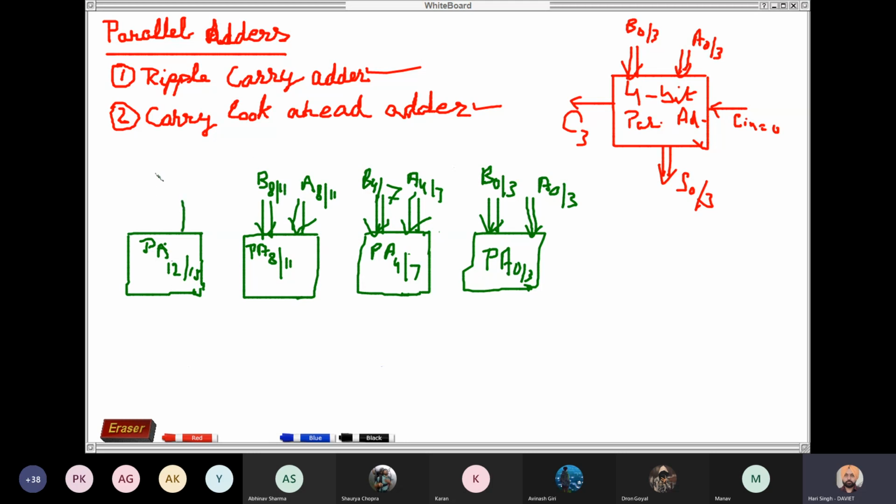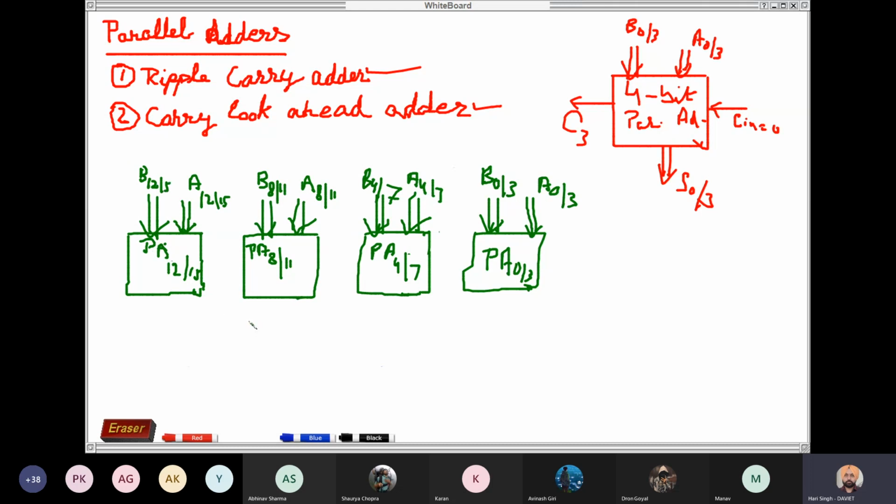Okay, then finally parallel adder 4 will have inputs A12 to 15 and B12 to 15.